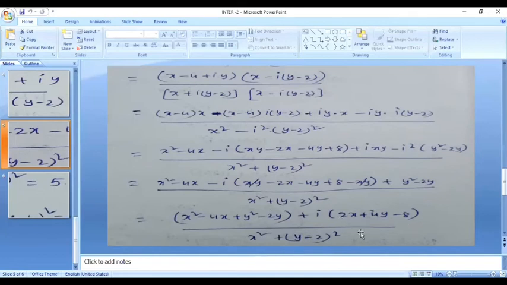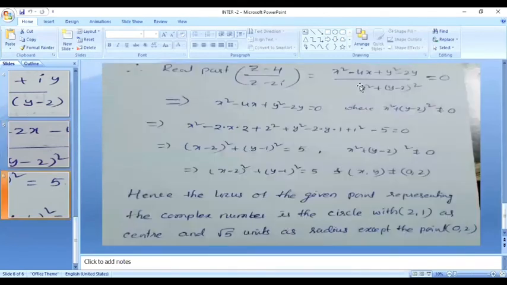That's why the real part is this total: x square minus 4x plus y square minus 2y by x square plus y minus 2 whole square. This real part value equals the given condition, 0. Now the total value is 0, which means the denominator must not equal 0. Why? Because something divided by 0 does not exist.